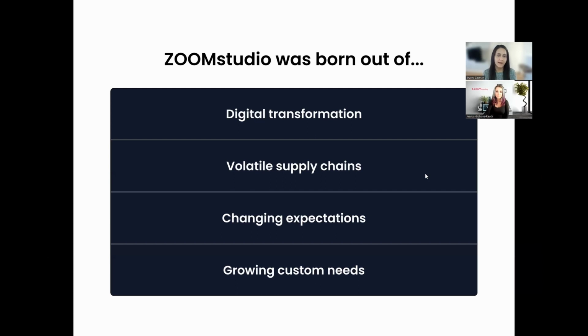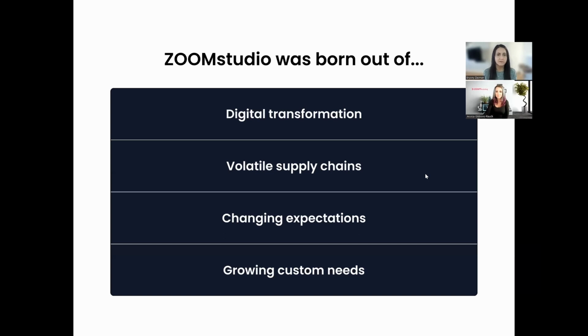Changing expectations. If we look at the way buyers make purchases these days, they expect efficiency. They expect really seamless experiences and they want things to be accessible. So what we're seeing in our industry is that newer distributors and more distributors want tools that they can use to self-serve. They need to put together a quick presentation, or they want you to send them a quick presentation. And they just want it to be done or do it really fast.